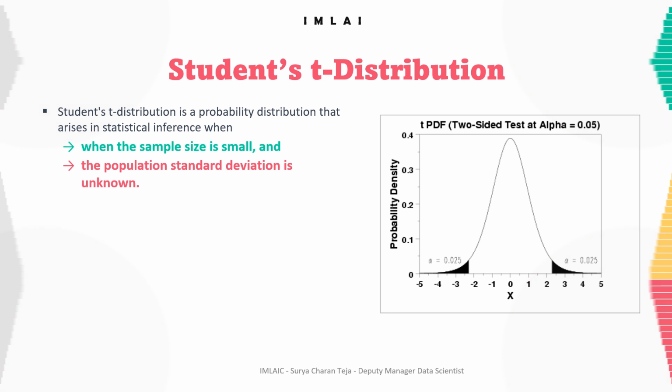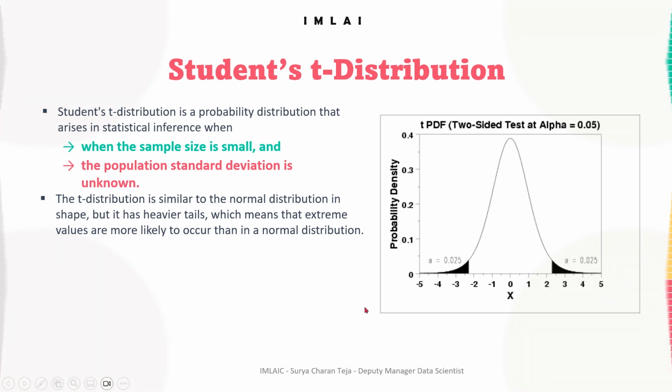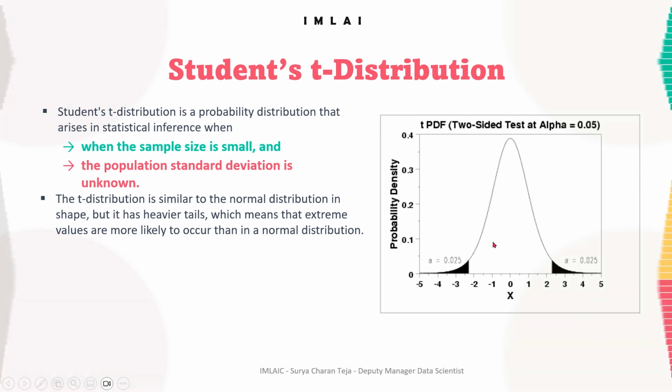The T distribution is similar to the normal distribution in shape, but it has heavier tails, which means that extreme values are more likely to occur than in a normal distribution. Heavier tails are nothing but higher probability on the ends.